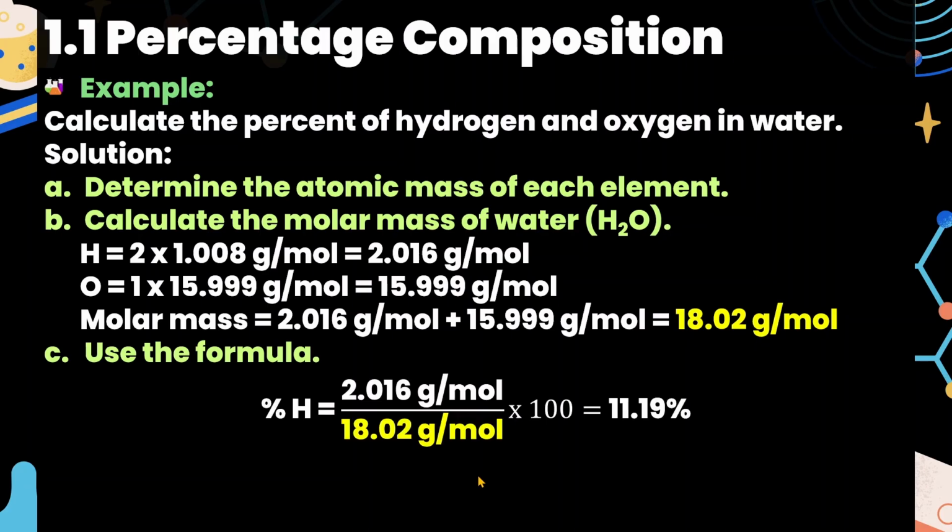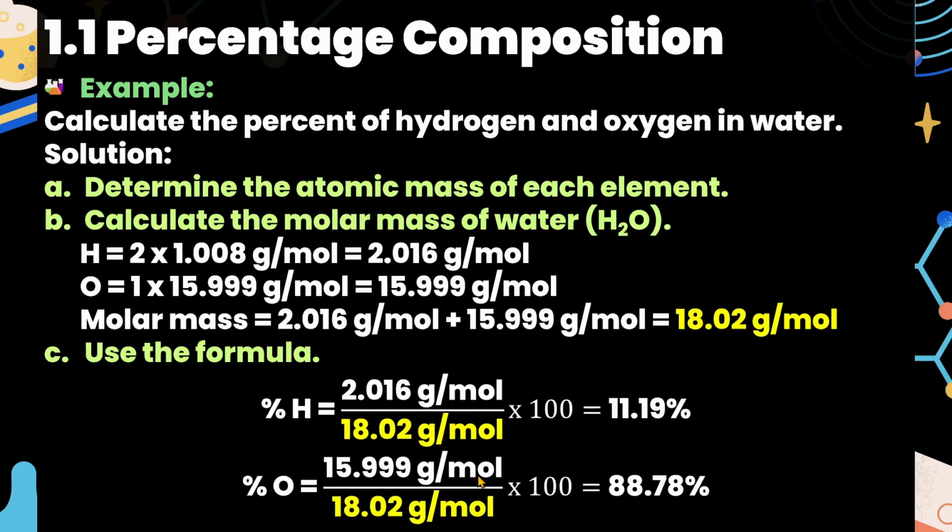And lastly, we'll make use of the formula. For each element in a compound, we'll need to have a separate formula or solution for it. For hydrogen, percentage of hydrogen is equal to 2.016 grams per mole divided by 18.02 grams per mole times 100. So the percentage composition of hydrogen is 11.19%.